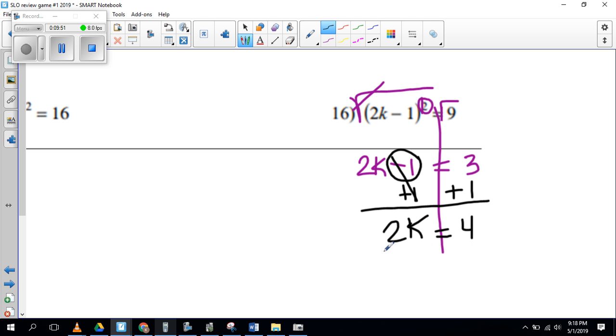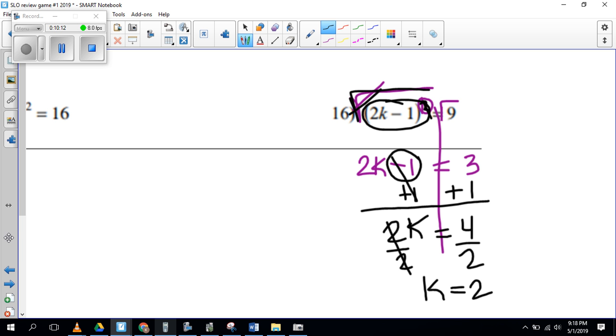And then we're going to divide by 2. So k would equal 2. So if there's a parentheses, and it's squared, you just square root the whole thing, and that cancels out, and you're left with whatever's underneath the square root.